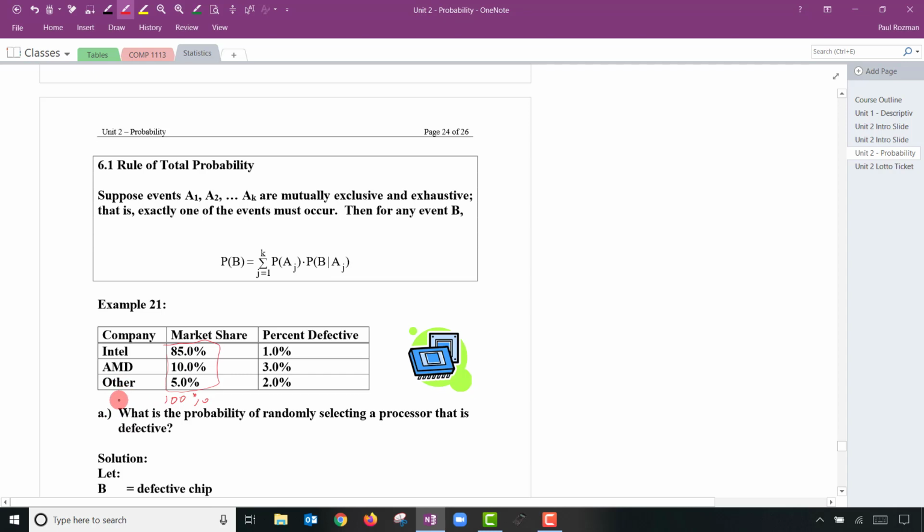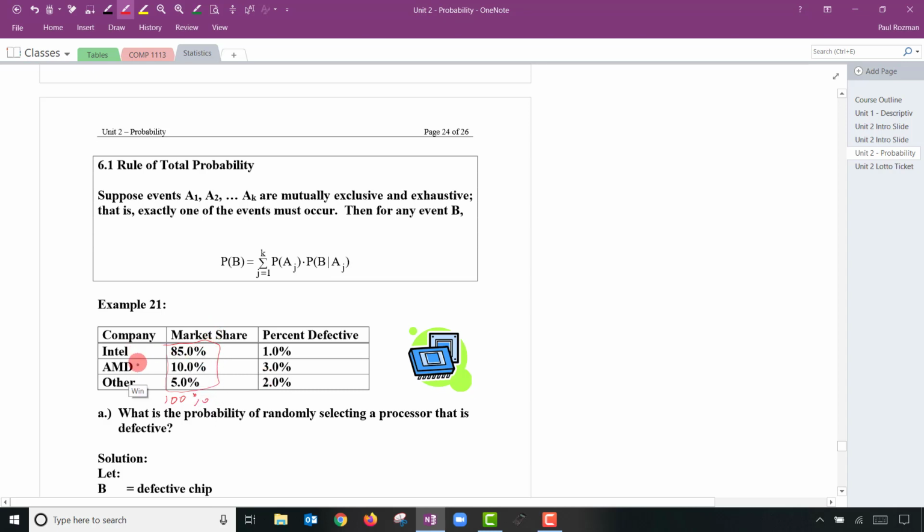We have some data from these companies. Intel's been monitoring their chips for a while, and they realize that 1% of theirs are defective. AMD keeps track of theirs. 3% of theirs have problems. And other people keep track of theirs as well, and their problems are around 2%. We have met the conditions for a Bayes question or rule of total probability here because we are exhaustive.